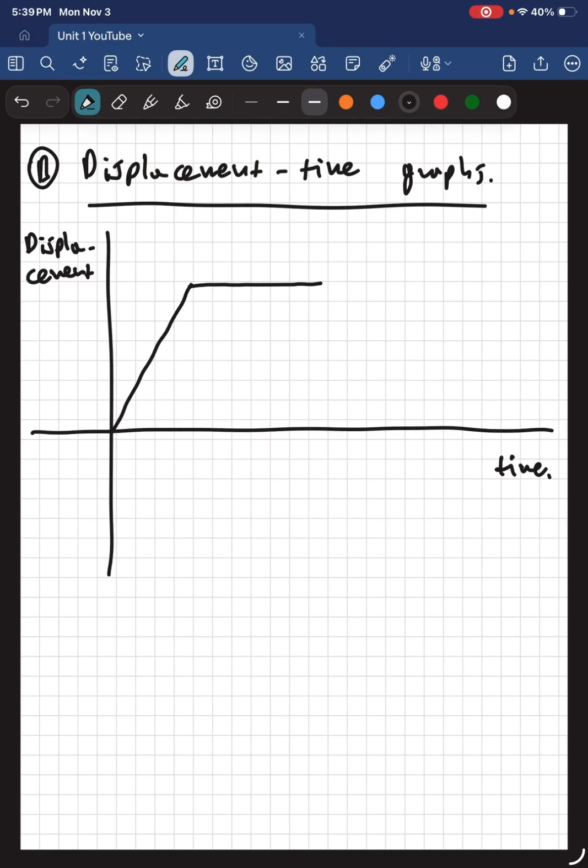Something like this, and then something like this, and then maybe something like this. So what's going on here? Let's start with this segment. In this segment you have the object moving forward.